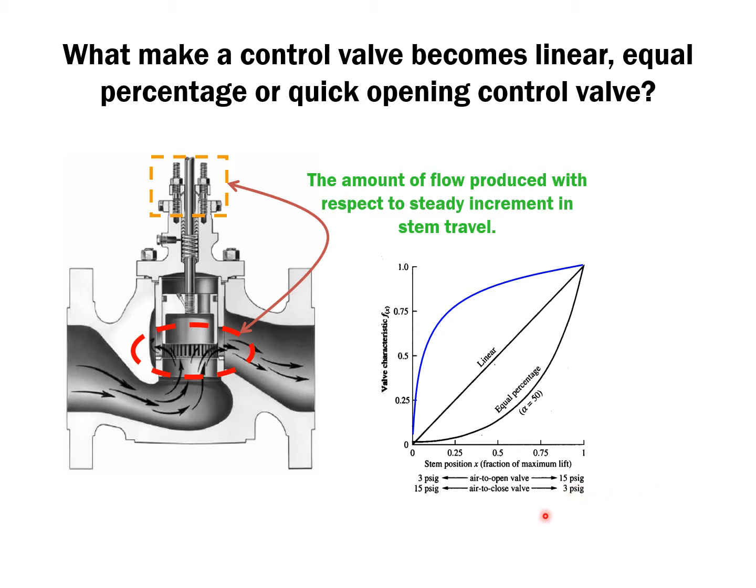The air to close valve is the inverse of the air to open, because in order to close the valve, we need to feed in the air. Here we can know the amount of flow produced with respect to the steady increment in stem travel. The stem will travel either upward or downward based on the amount of flow.